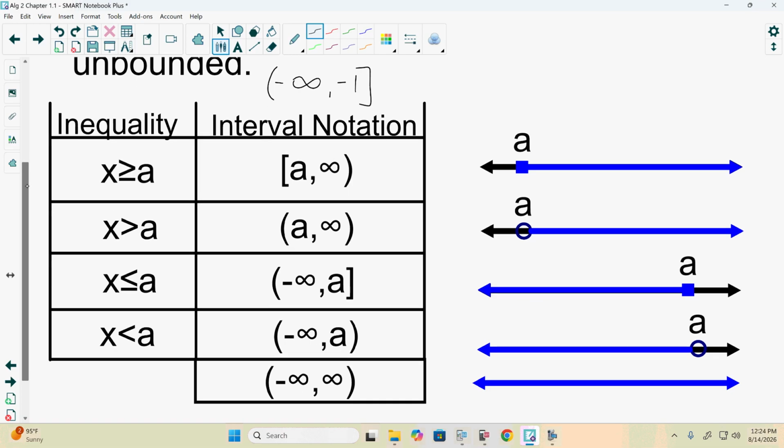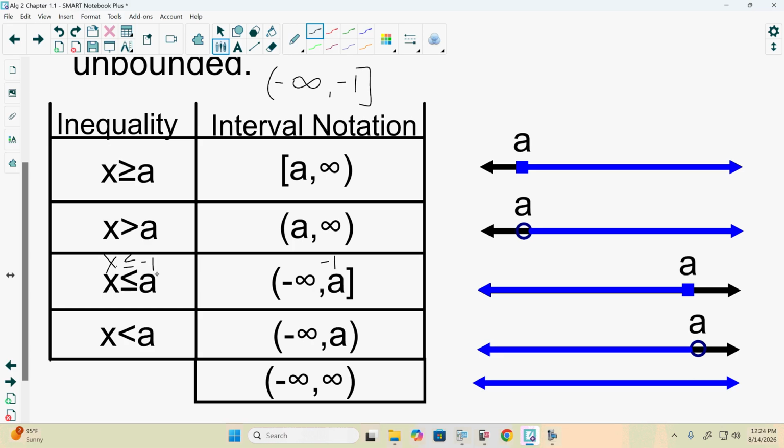Very similar to the one we had previously, but instead of a parenthesis, we have a bracket, yes? Which means we're not looking at the fourth one on the list, we're looking at the third one, because the bracket. That's the only difference between the third one and the fourth one on the list. Because of this bracket, we know that a is -1, which means here x is going to be less than or equal to -1.